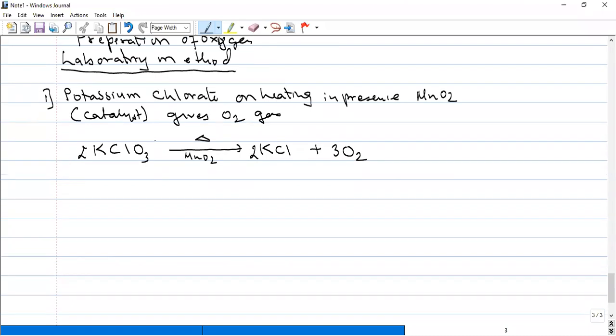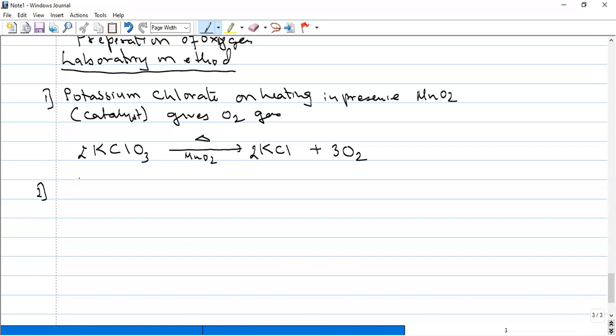Okay. So this was the first, very common method of preparation of oxygen in laboratory: by heating potassium chlorate in presence of MnO2 as a catalyst, you get oxygen.